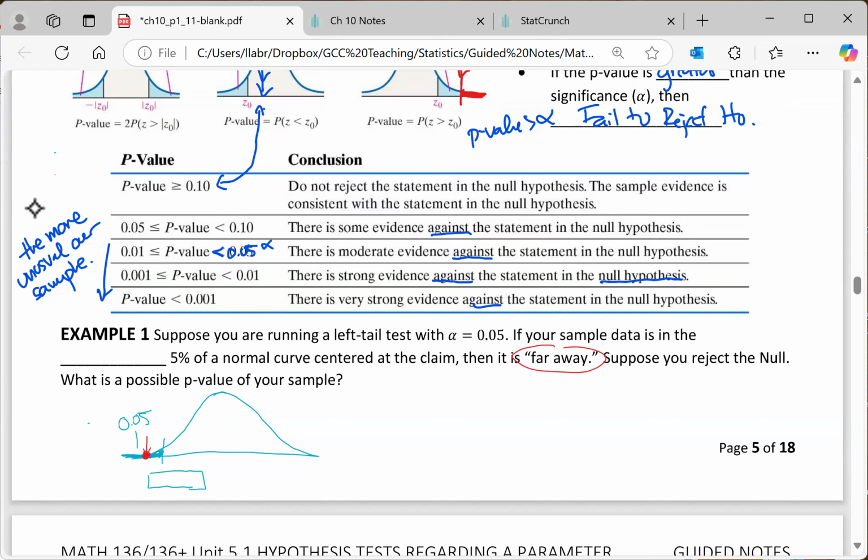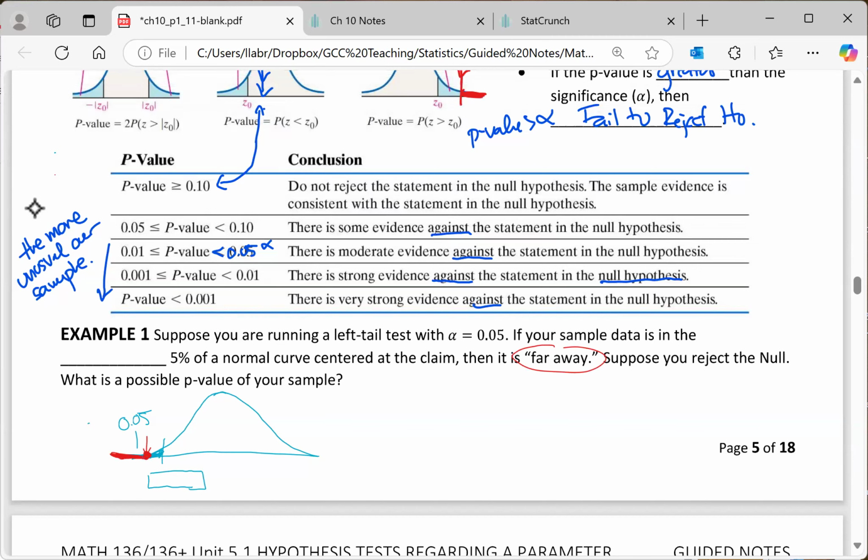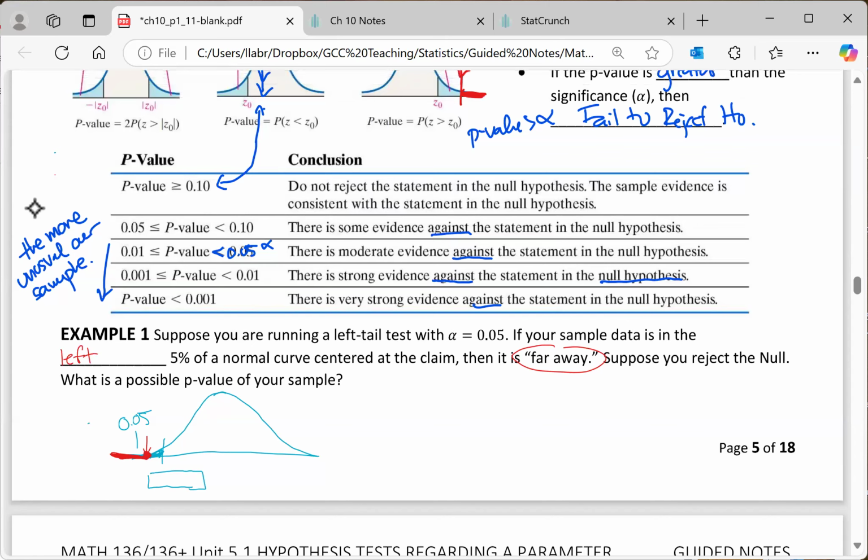My sample, I would get a sample proportion that lands here. And so again, this is when the sample data is in the something 5%. So that would be the 5th percentile. So the left 5% of the normal curve centered, then it is far away.